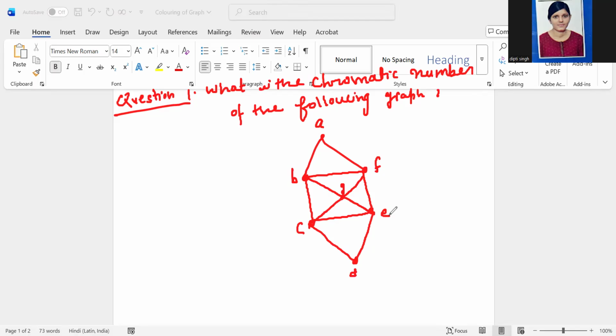Okay, this is the figure and we need to calculate the chromatic number of this graph.